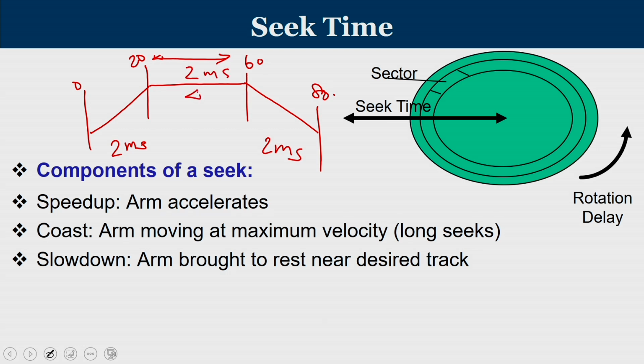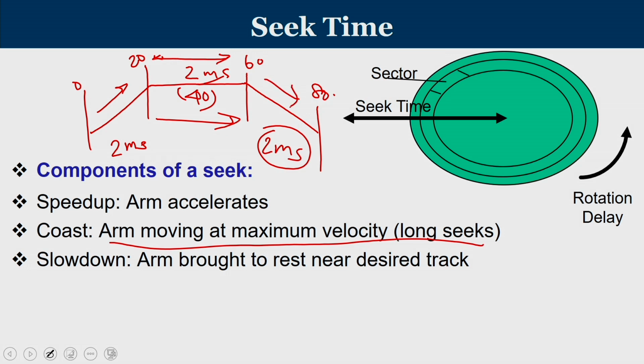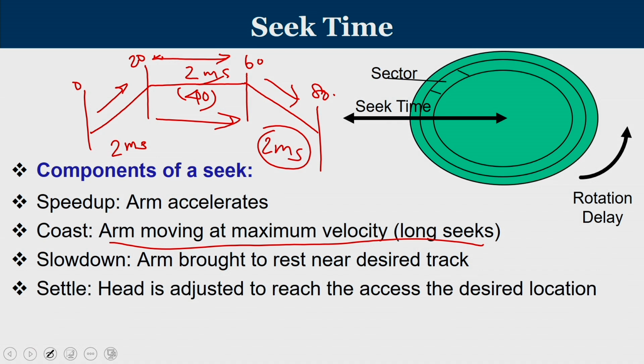So, here these 40 tracks I can cover in 2 milliseconds, whereas the initial 20 tracks I will take the same 2 milliseconds, and the last 20 tracks also I can cover in 2 milliseconds. So, there is an acceleration phase, there is a coast which is the uniform velocity, the arm moving at maximum velocity, and then there is a slowdown, the arm is brought to rest near the desired track, and then the head is adjusted to reach the corresponding desired location.